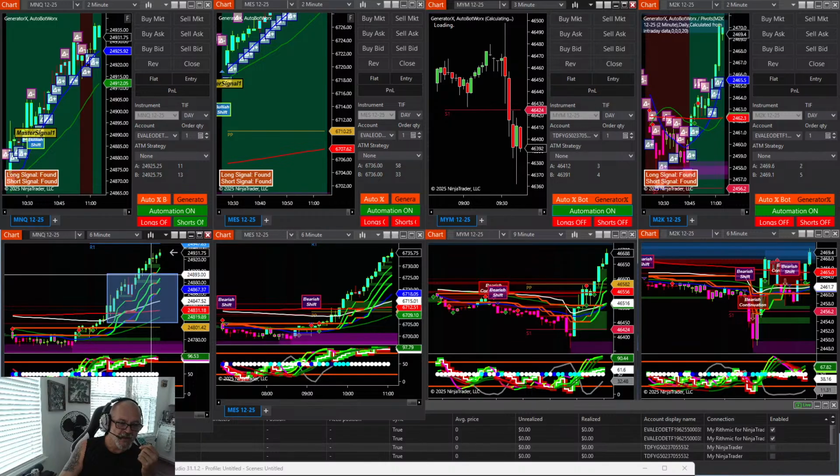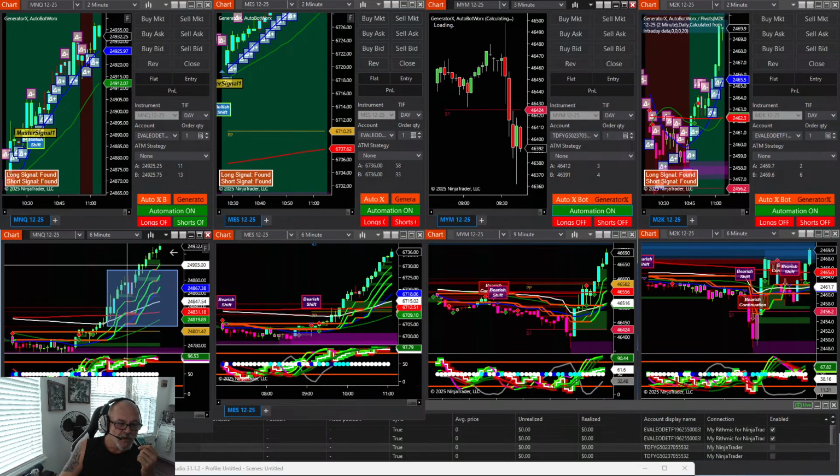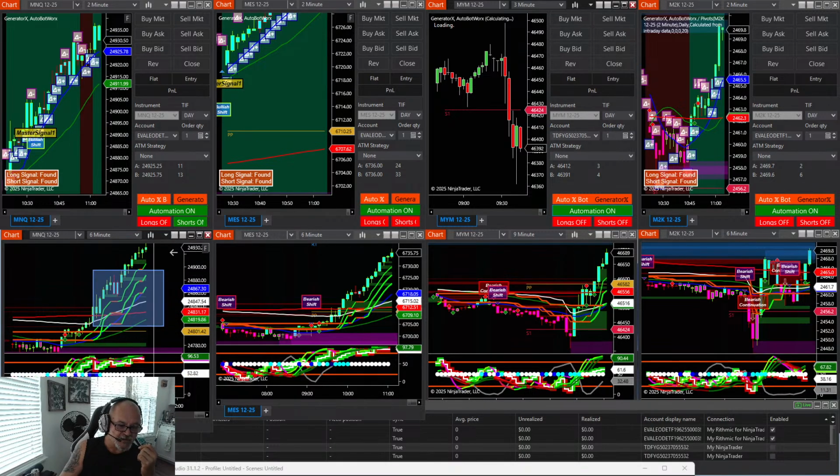Everything looks good for that, if we can get it to actually pull back and reverse to get down there. We could even have a failed auction, which means we break back into the initial balance range, which would be even better, which would give our trade more room to work.